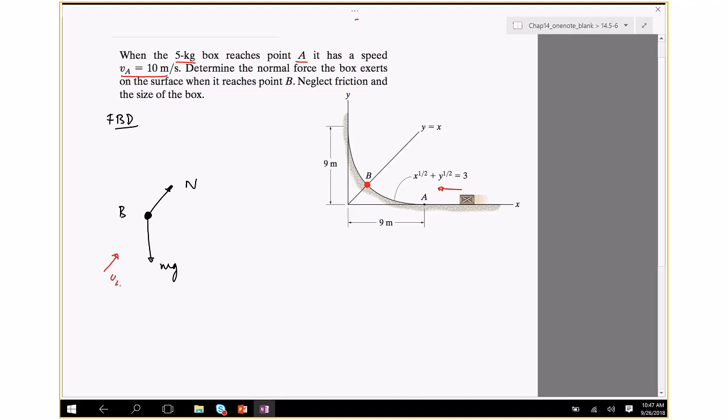So un, ut, and then I want to eventually find the angle. So let's call this theta. It's easier to have called this theta, because you can see that's actually 45 degrees. Because the angle made by y equals x, it's 45.